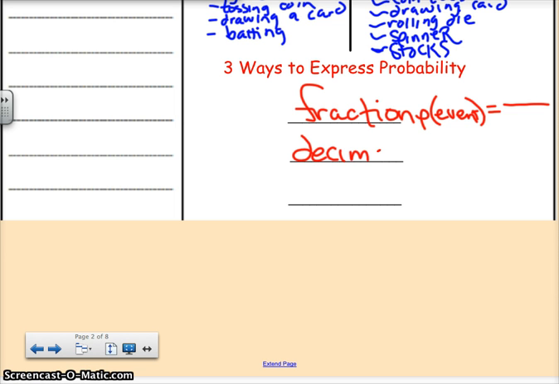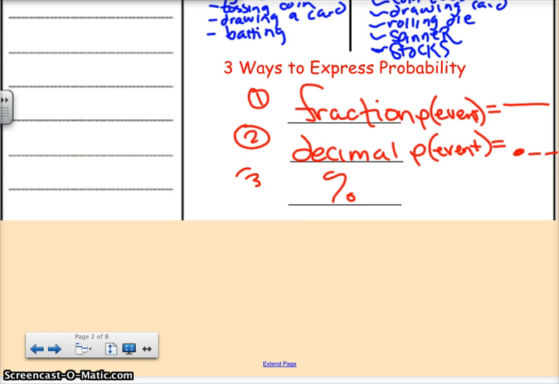I like that you said decimal first because this is the beautiful sequence: the probability of an event is equal to point something, then percent. That's the logical order. I always start with fraction first, turn it to a decimal, top divided by bottom, and then turn it to a percent. So the probability of some kind of event is equal to some kind of percentage.